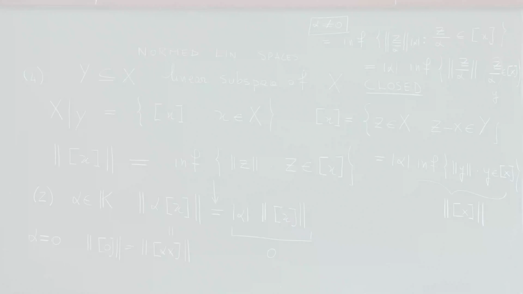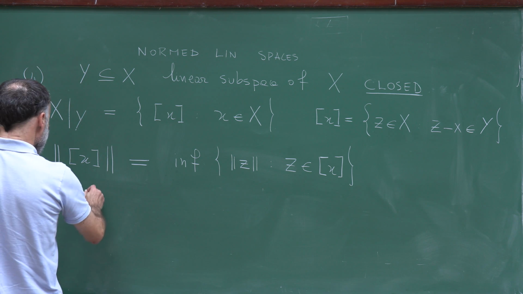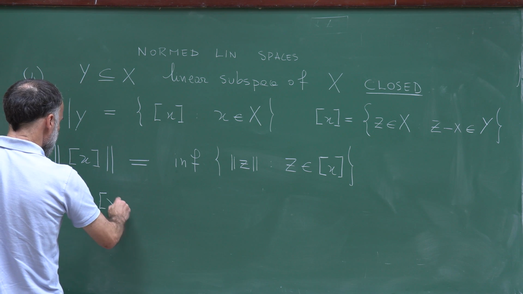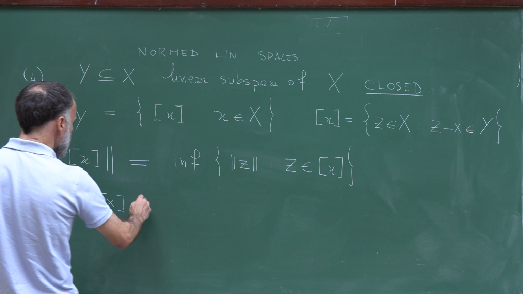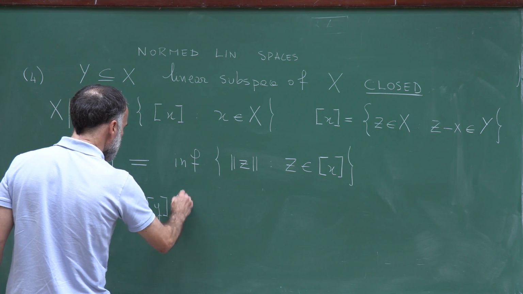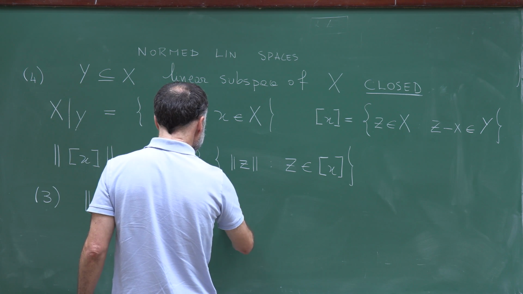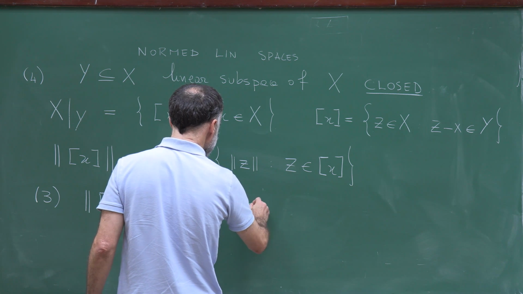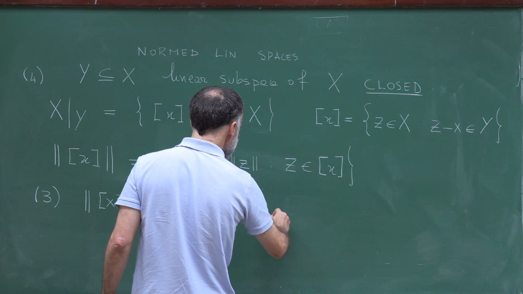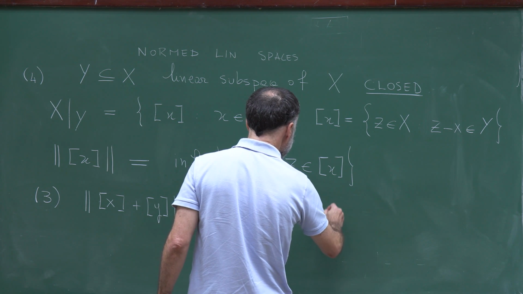Let's now prove the third property, which is the triangle inequality. So we want to show that the norm of the equivalence class of x plus y is less or equal than the norm of the equivalence class of x plus the norm of the equivalence class of y.